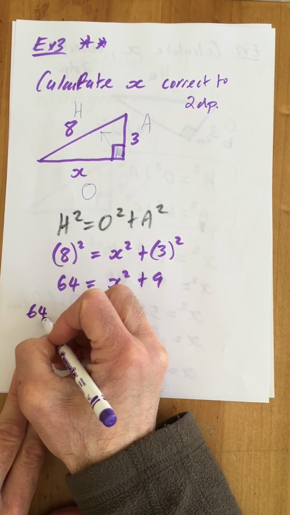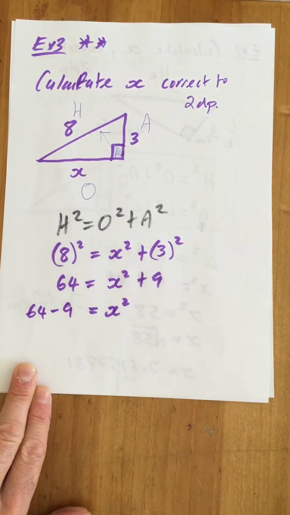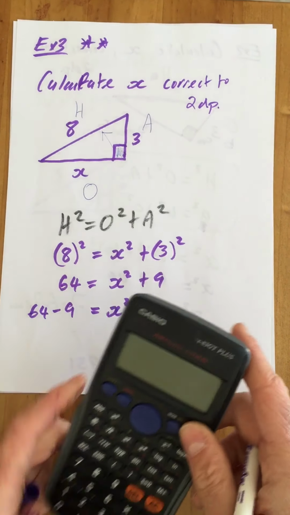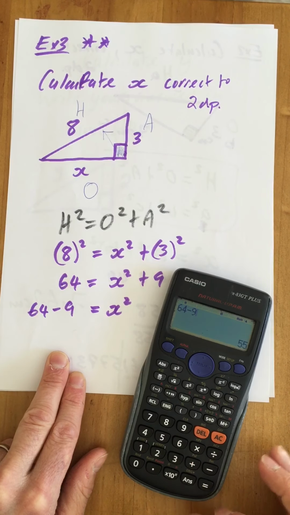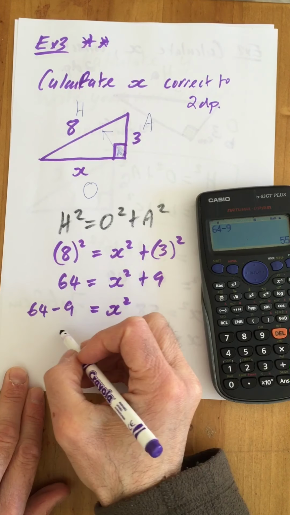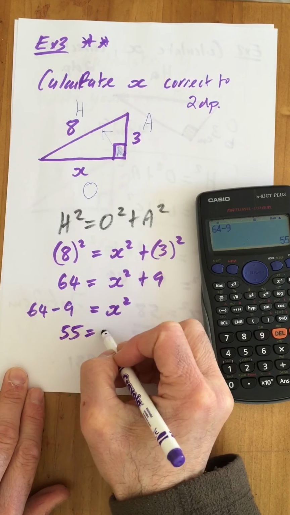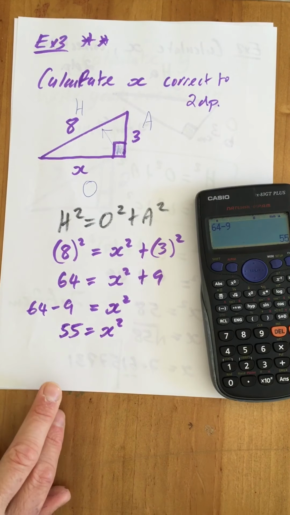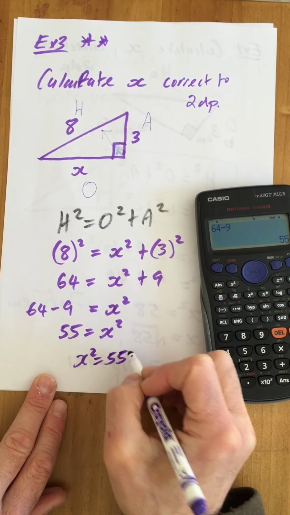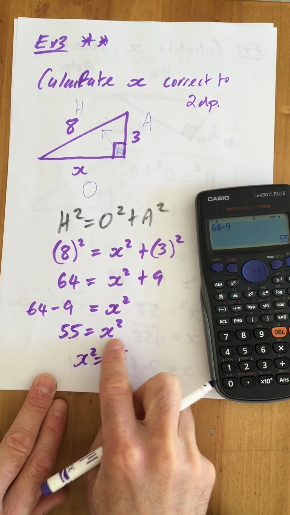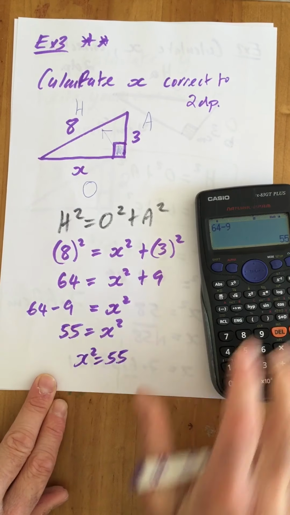So we're going to have 64 take away 9, and on the calculator, 64 take away 9 is 55. So we have 55 equals x squared, and at this stage, I can rewrite it as x squared equals 55. Why can I do that? Because if 55 equals x squared, then x squared equals 55.